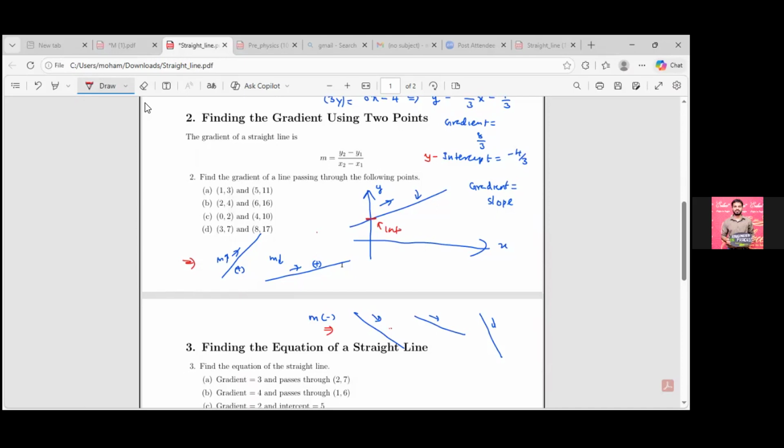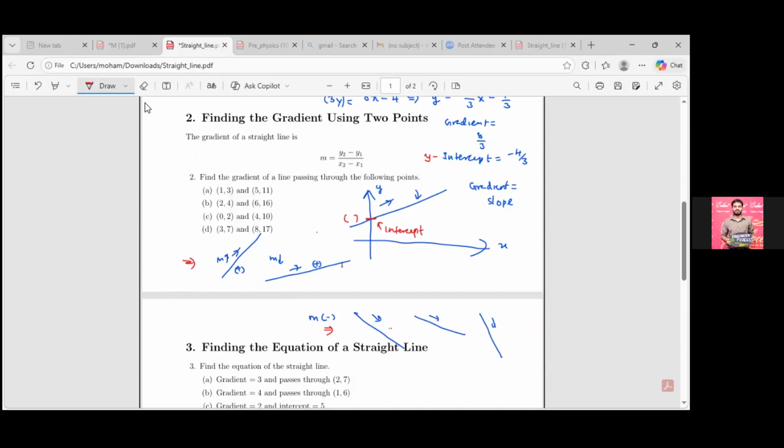This is the intercept. If it intersects at a positive value of y, the intercept will be positive. If it intersects at a negative value of y, it will be a negative intercept.